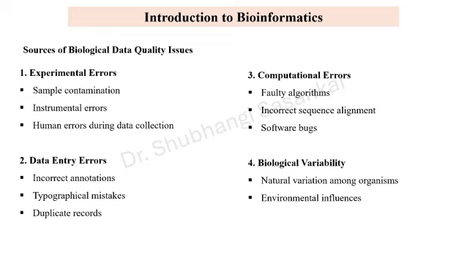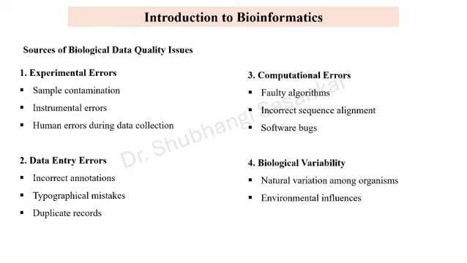Now we will see the major issues that affect the quality of biological data. Several factors can reduce biological data quality. The first one is experimental error, such as contamination, instrumental error, and human errors during data collection.